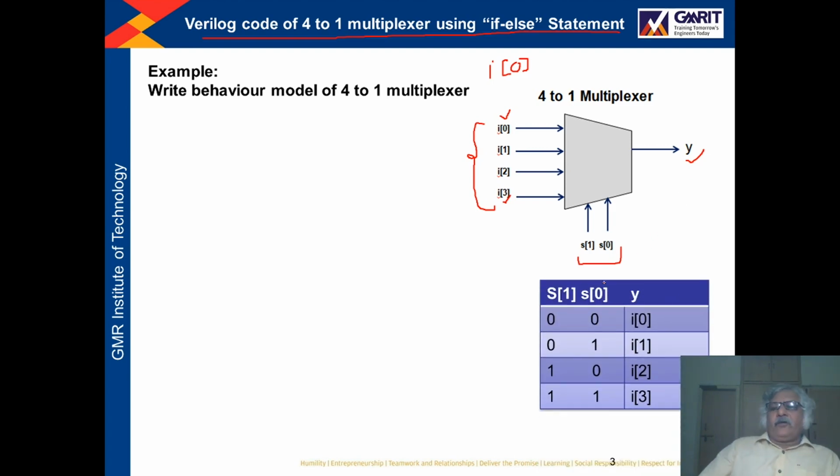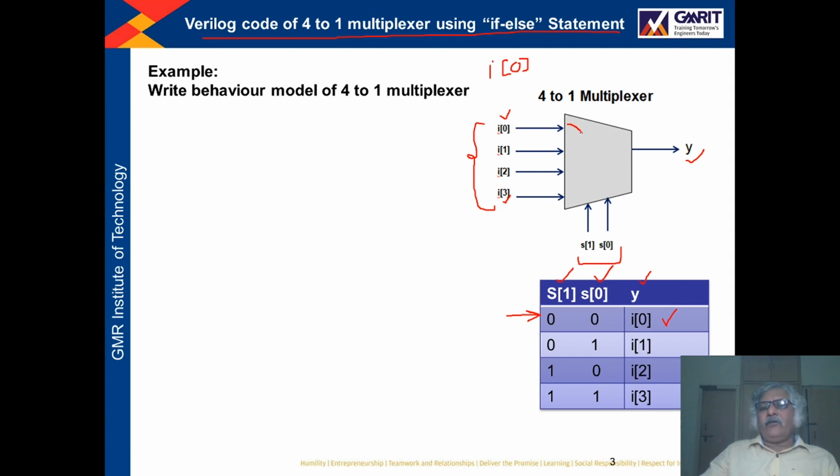So this is the truth table of this 4 to 1 multiplexer. What is its functionality? Because this functionality we will write in the Verilog module. So this is S1 and S0, the values of the select lines, and here we have the output Y. See the first condition: if S1 and S0 are 0 0, then at the output we will have the value which is available at input I0, right?